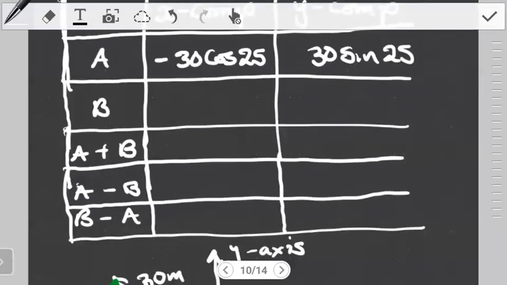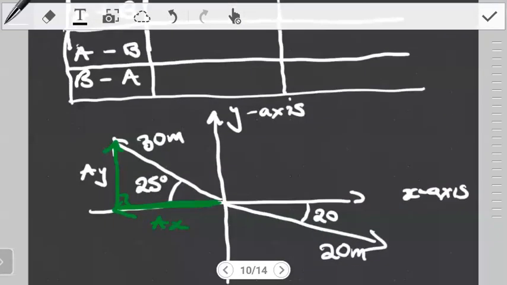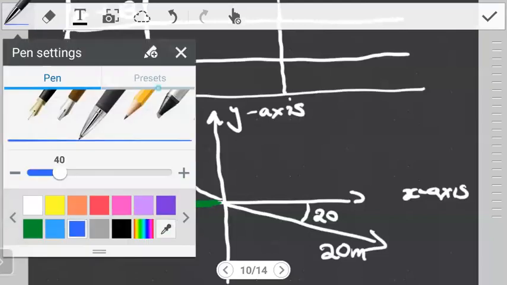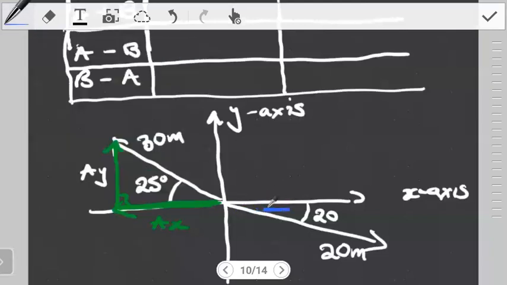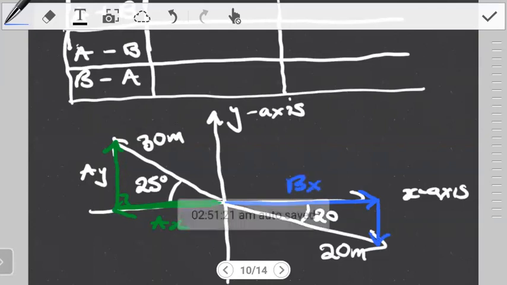Now we come to the vector b. What is happening to our vector b? To make a right angle triangle here, we have the horizontal component and the vertical component with our angle enclosed inside. This is the x component of b, the horizontal one, and this is the y component of b.